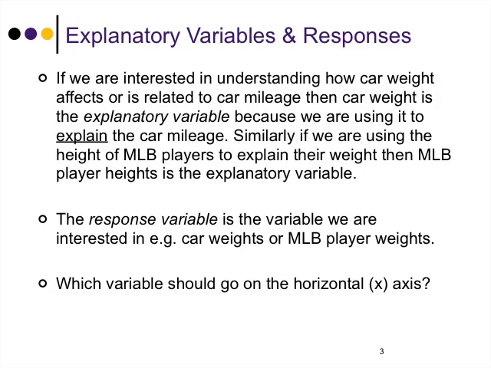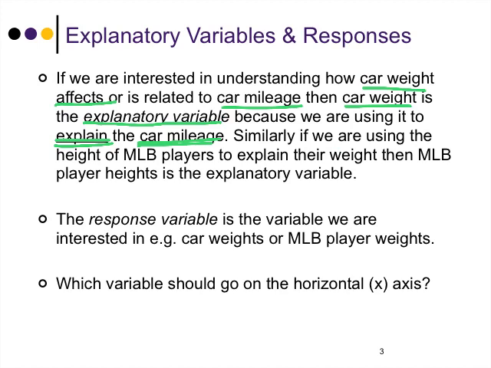Okay. So the question we would be interested in, in this instance, is how car weight affects or is related to car mileage. Then we would have car weight as what's called the explanatory variable, because we are using it to explain the car mileage, or to predict the car mileage.